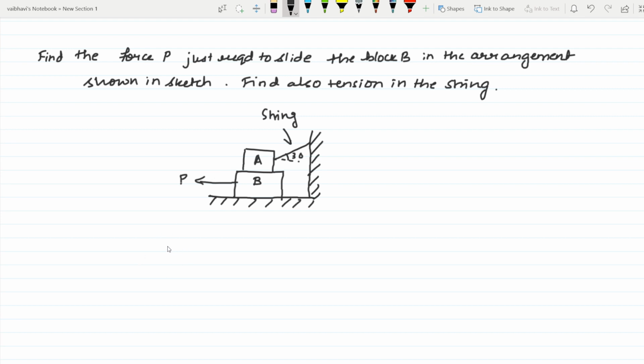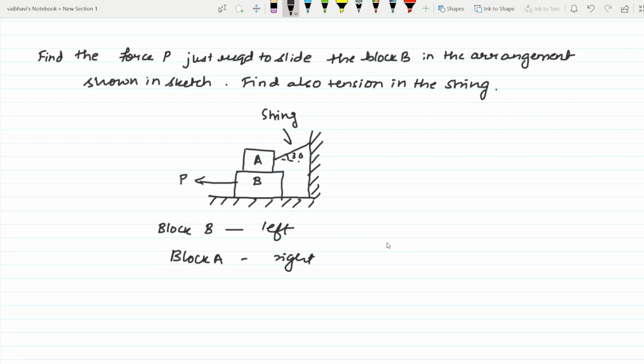Block B tends to move left because here it is pulled, right? So block B tends to move left due to P, and block A tends to move towards the right with respect to block B because there is a string attached.